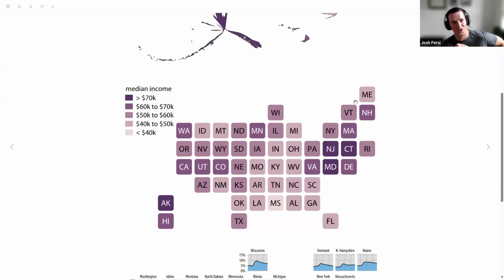Even if you showed this to someone who doesn't spend time in the data viz world, they would still be like, oh, I get it. It's the lower 48, and then you've got Alaska and Hawaii over there. Because of how recognizable the US state boundaries are, and how often this type of graph is used, you can share it with almost no problem and people will understand it in the context of the US.